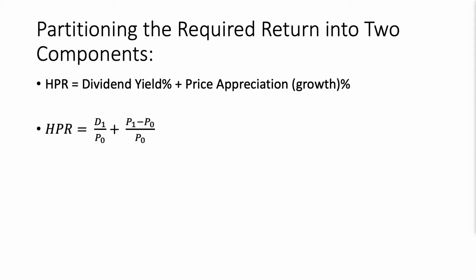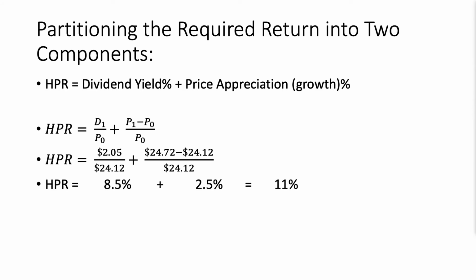So I take D1, the dividend in the coming year, divided by the price now, plus the price appreciation divided by the price of the stock right now. And you get $2.05 divided by $24.12. And then you have the price appreciation from $24.12 to $24.72 over the period of a year.